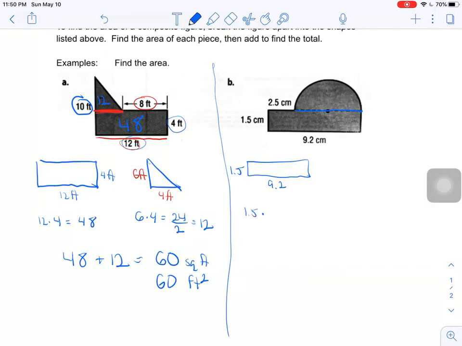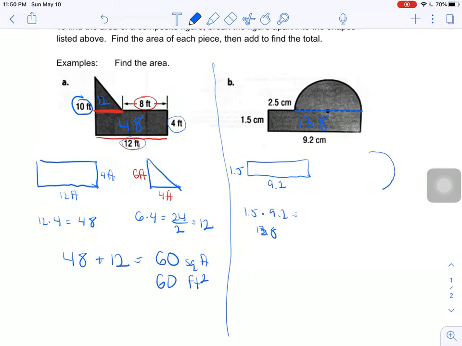The side is 1.5. So if I do length times width, 1.5 times 9.2, that will give me the area of the rectangle. And that gives me an answer of 13.8. That was not a very good 3. So that is the area of this.